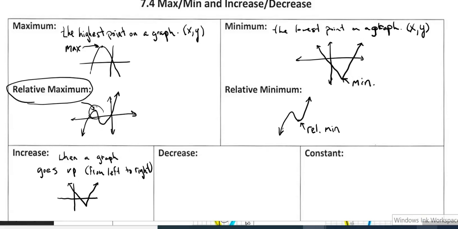Look at the absolute value function. As I'm moving from left to right, this part of the graph is increasing because it's going up. Y is moving up.